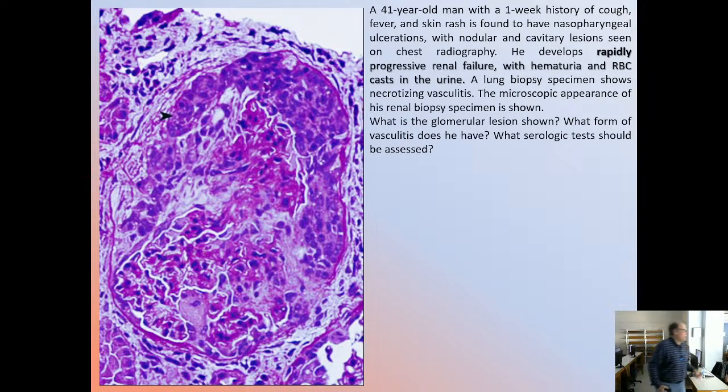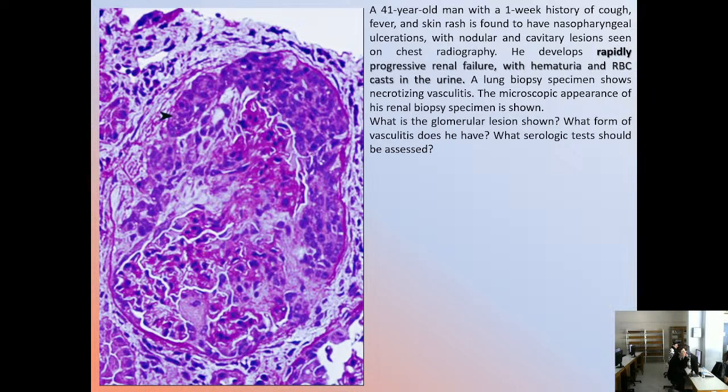So, when we have a severe deterioration in the patient's renal function, we look for crescents in histology. They are consistent with this, and then we have to judge the immunofluorescence findings.